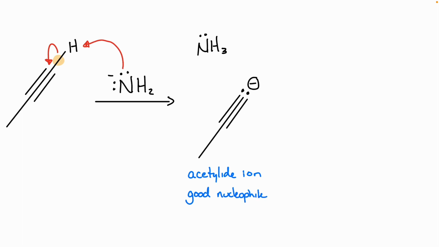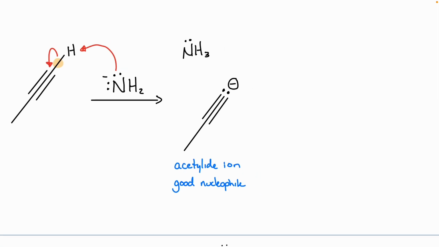A good electron-dense, got a lot of negative charge nucleophile. Okay, so these things can react with electrophiles. So one that we talked about, the one that we're going to sort of stick with here, it's an alkyl halide.